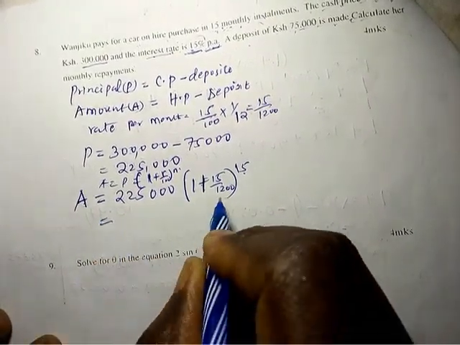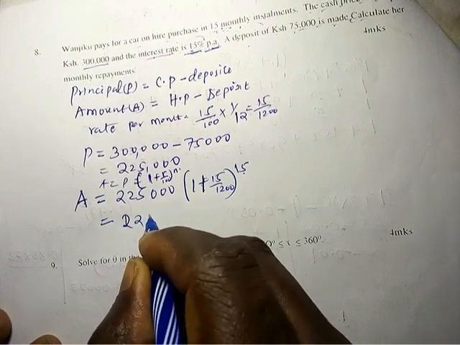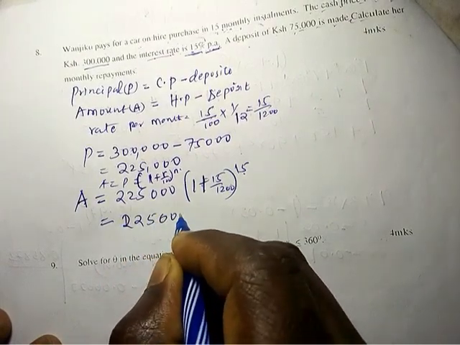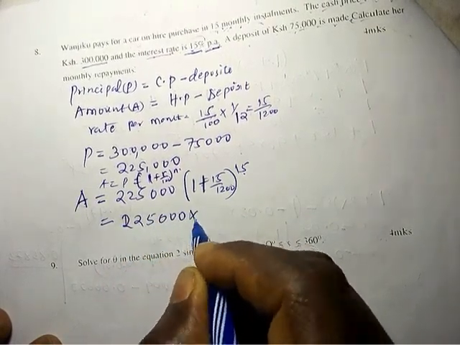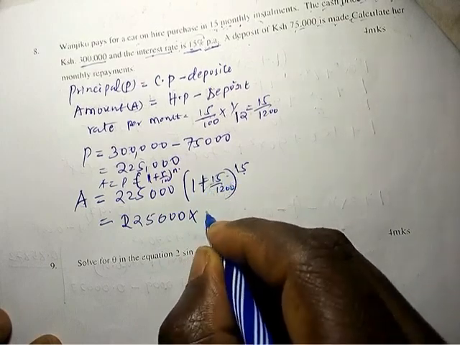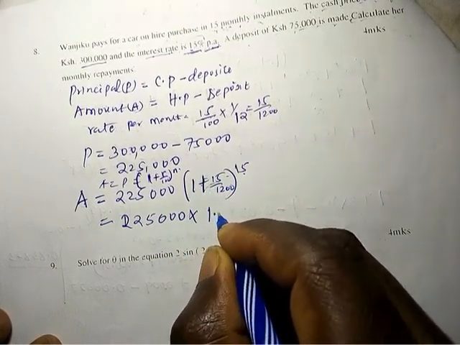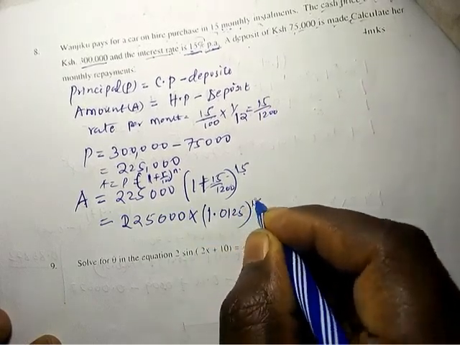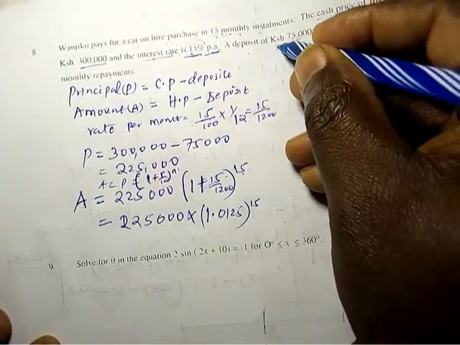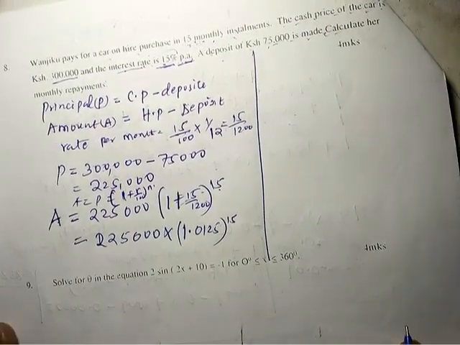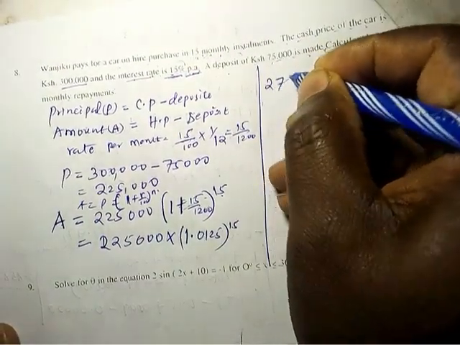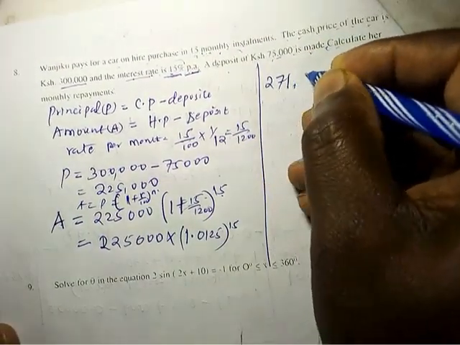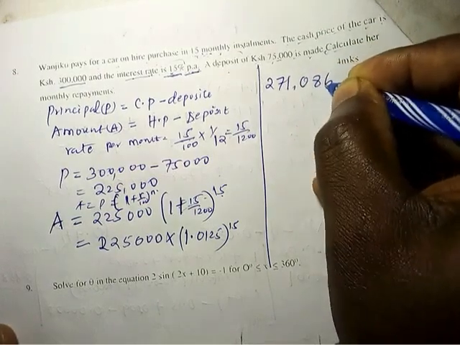And this is now 225,000 times 1.0125 raised to power 15. This will give us 271,086.60.